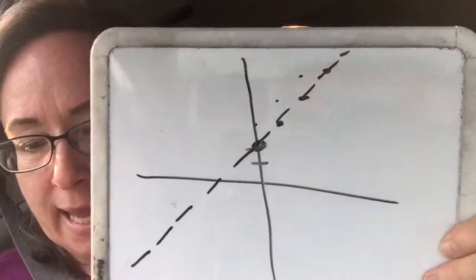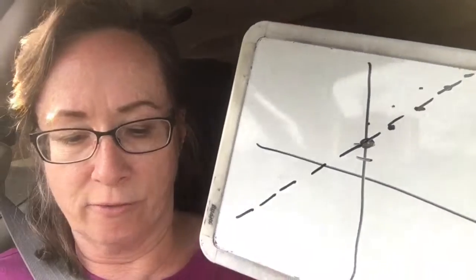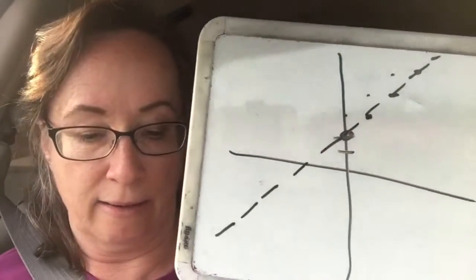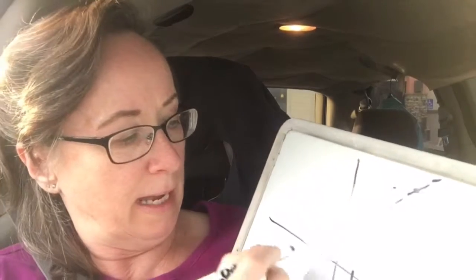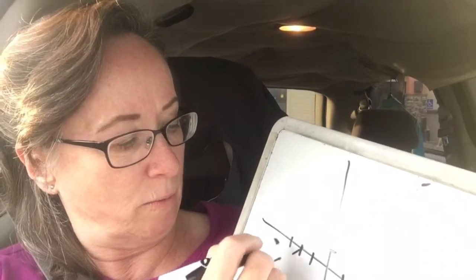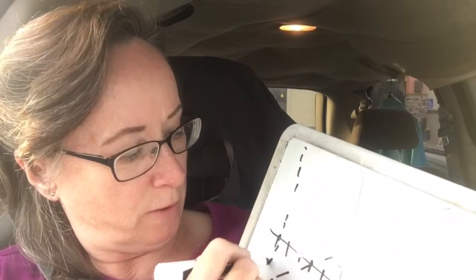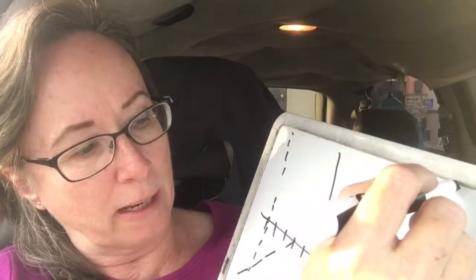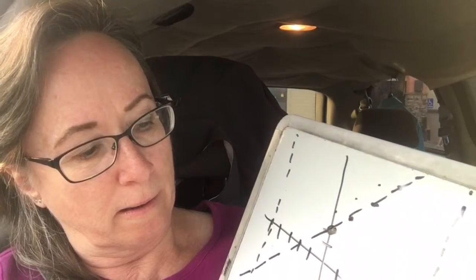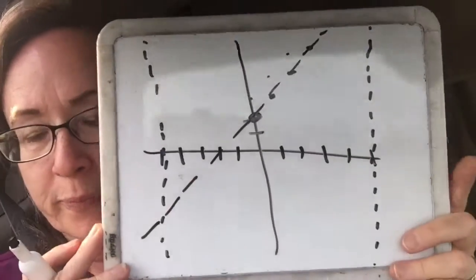asymptote, like that. Okay, and then I have vertical asymptotes at 5 and -5. So 1, 2, 3, 4, 5, and 1, 2, 3, 4, 5. And so I'll put in my vertical asymptote and my vertical asymptote there.